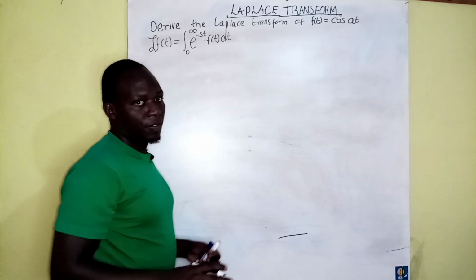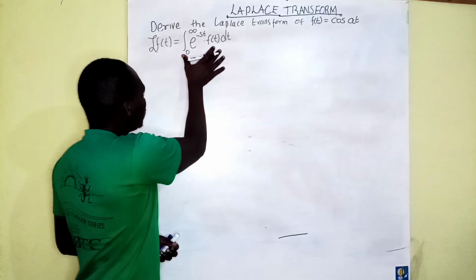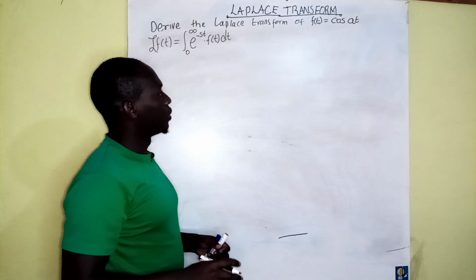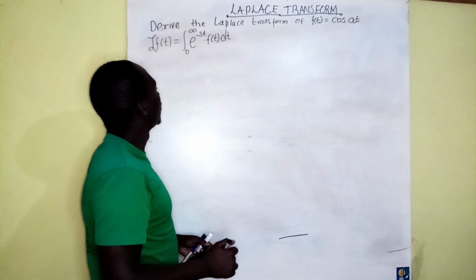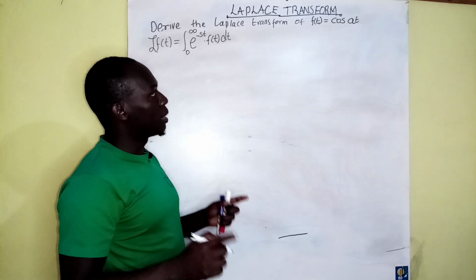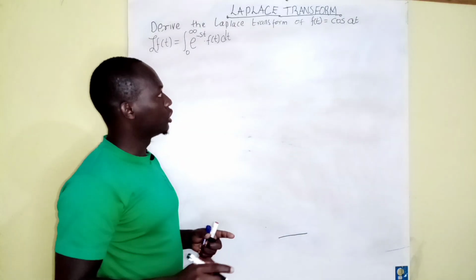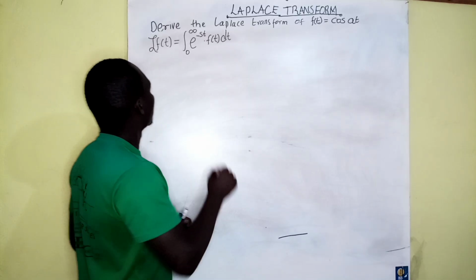So when it comes to the first principle formula, this is how we notate the formula. But we were told to derive the Laplace transform of cos at using the first principle formula.